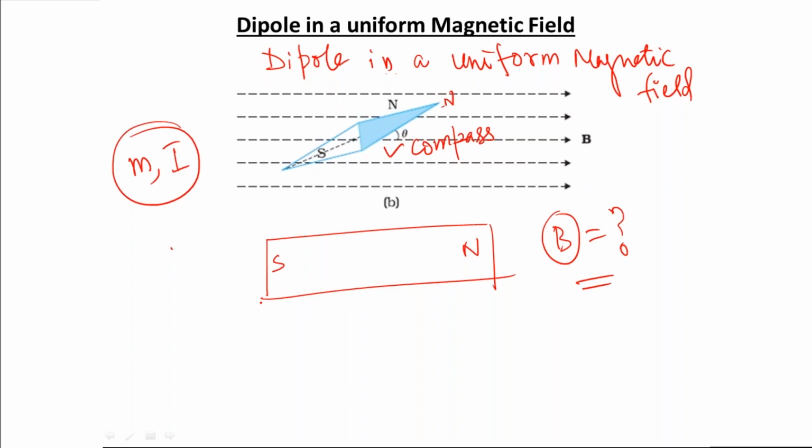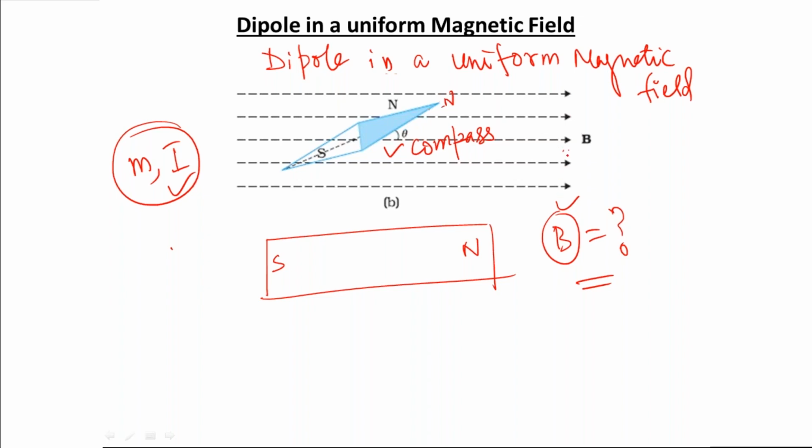You are bringing a compass needle whose magnetic moment is known, and you know its moment of inertia. If you know these two things, then things are all right. Let us see how we can calculate the magnetic field.